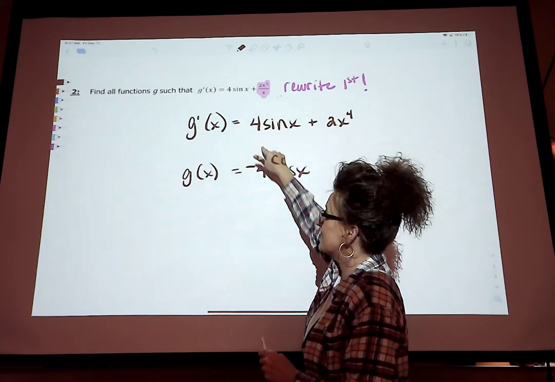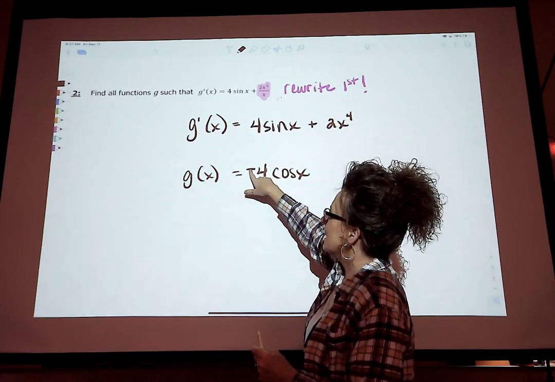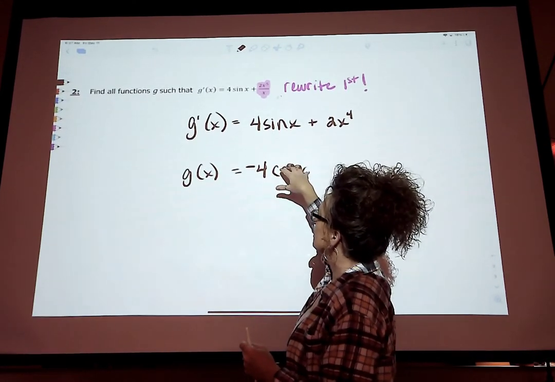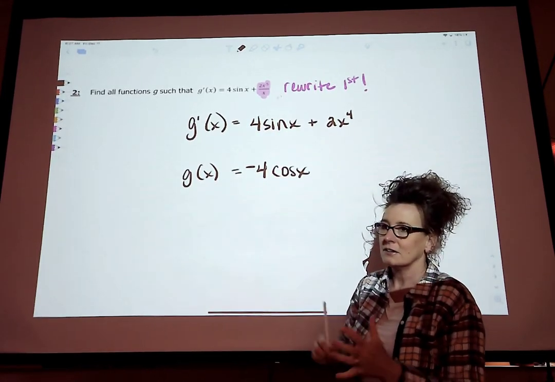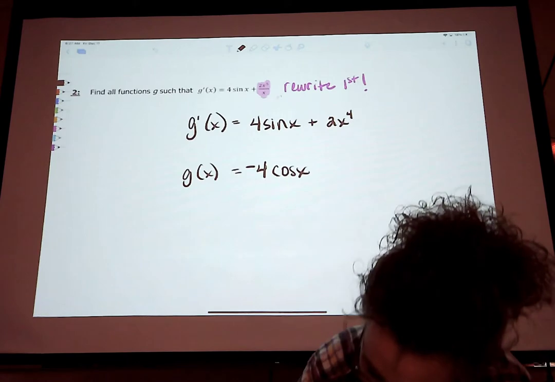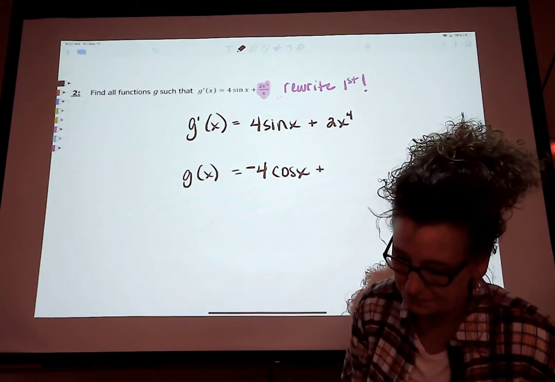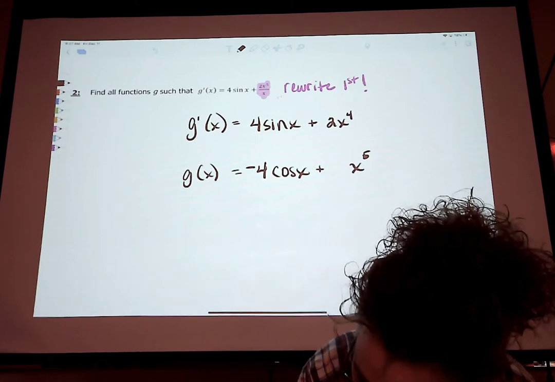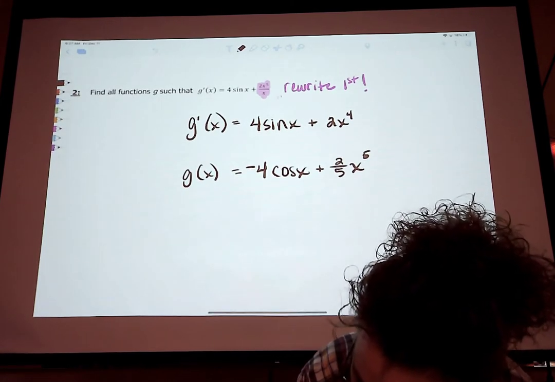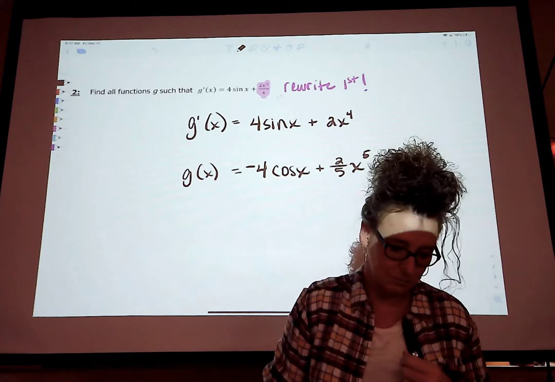So the 4 stays there as the constant out in front, and the negative has to be there. When I check it and do a derivative on that, negative times a negative is a positive. Plus. Next term, I'm going to raise it and divide. Plus a constant.